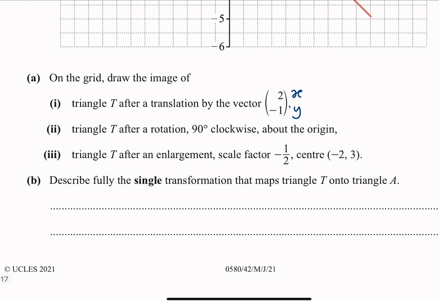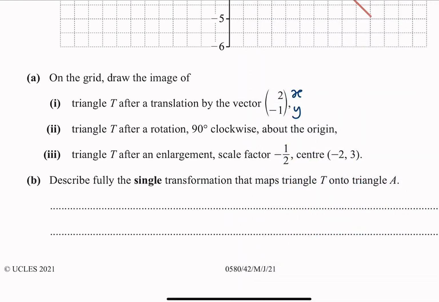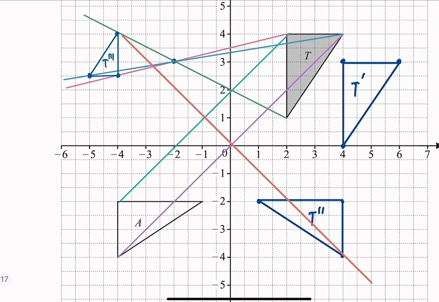Therefore, your answer will be reflection at y equals minus x, because this orange line is named y equals minus x. Therefore, this is your answer.